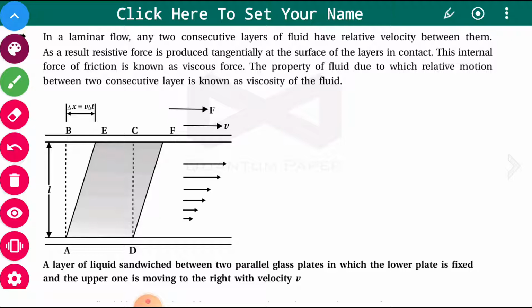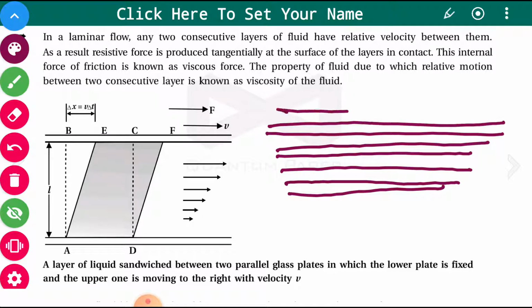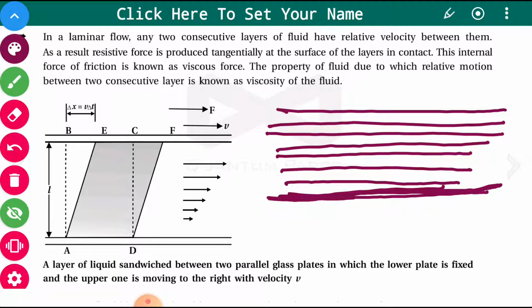For example, the fluid is flowing layer by layer. This is the fluid which is flowing. Now try to understand the layer which is in contact with the ground, or the surface on which the fluid is flowing.